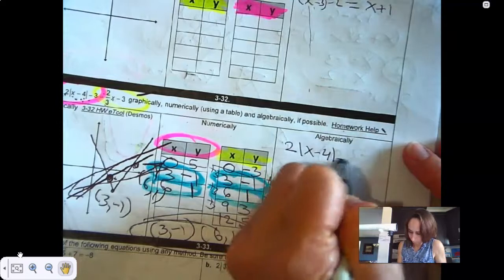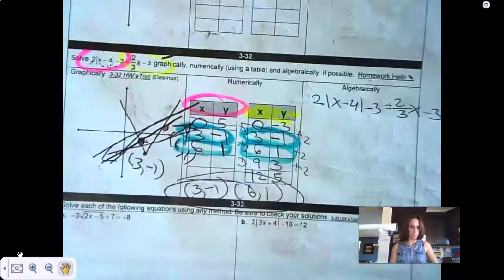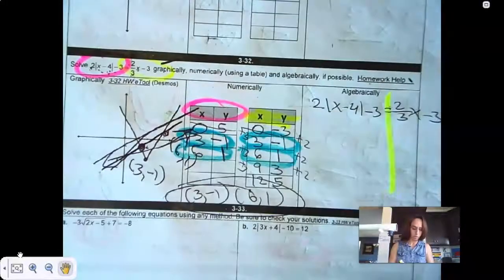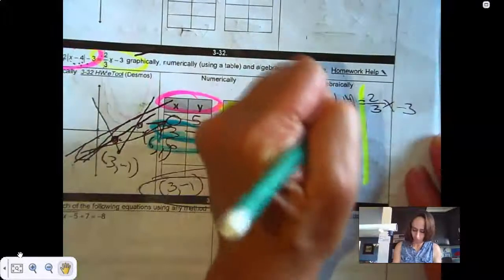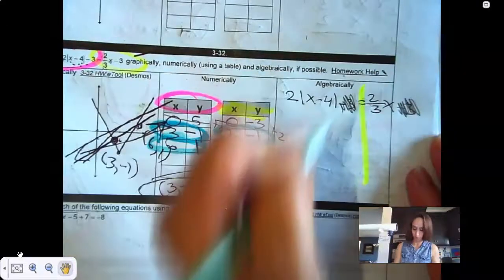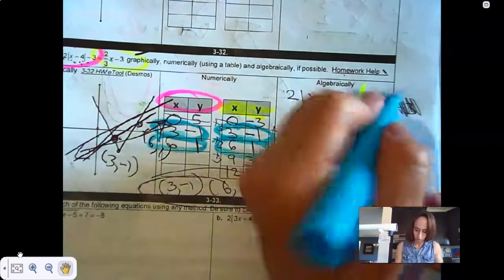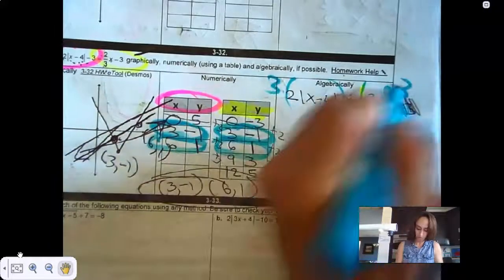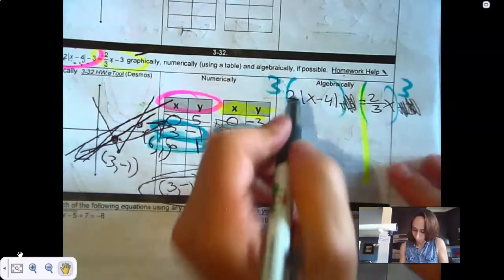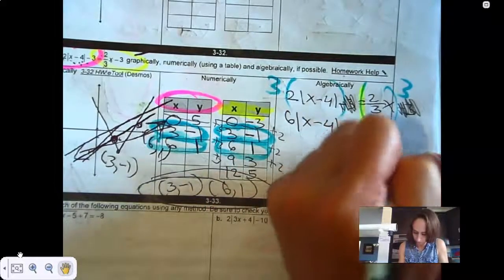Solving it algebraically. This is going to be a workout. Okay, so when I look at this crazy equation, if I have the same thing on the left and the same thing on the right, I can cancel those. So that's really gone. And if you're like, I don't get it, add 3 to both sides and they'll cancel. I don't like fractions, so I'm going to multiply both sides by 3. And then I'm left with 6 times the absolute value of x minus 4 equals 2x.